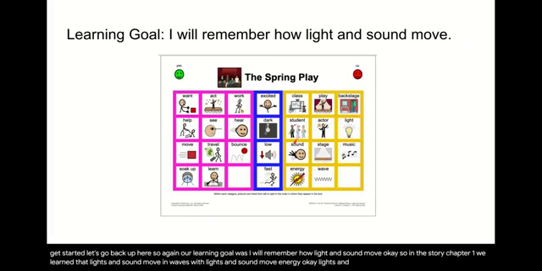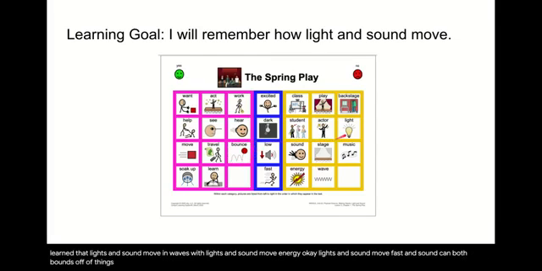Lights and sound move fast. Lights and sound can both bounce off of things, and light and sound can both be soaked up by things.